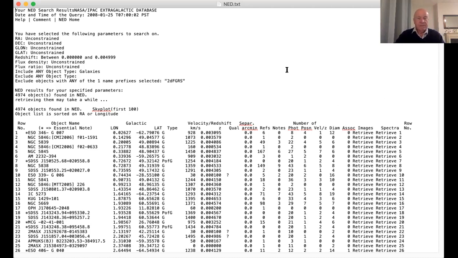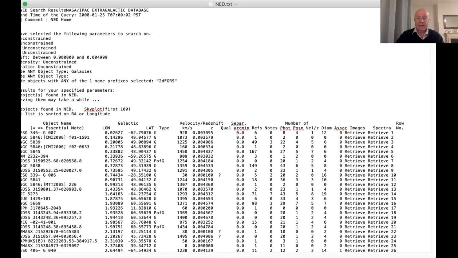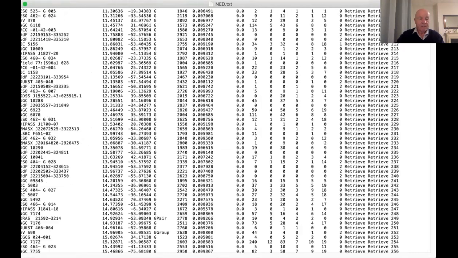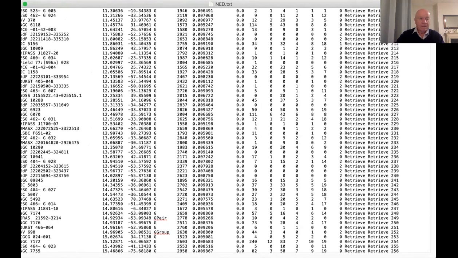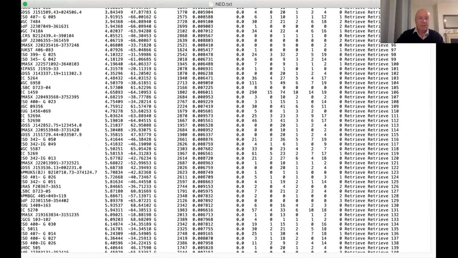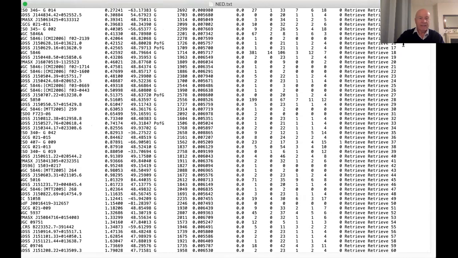Now this file actually contains several accesses. You'll find that several files have been joined together to create the full range of data that I needed.